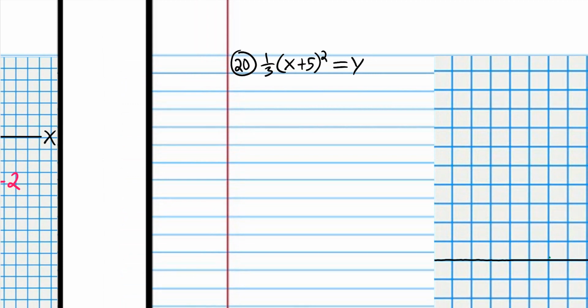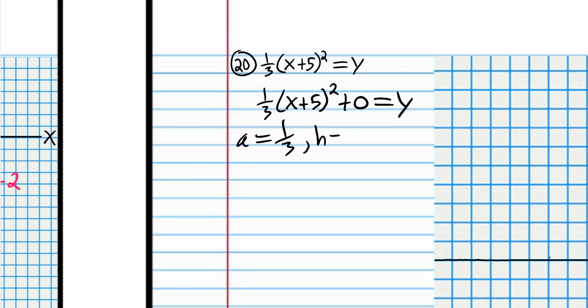It's already in vertex form, but I just want you to see exactly what's going on here. So plus 0 equals y. So this is h, and this is k. H is the opposite sign, and k stays the same sign, but since it's 0, it really doesn't have a sign.